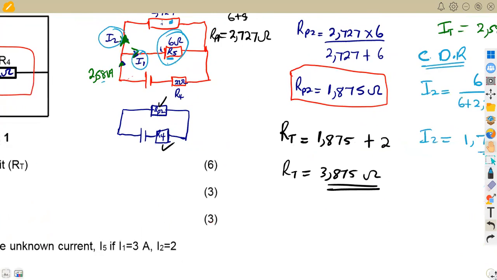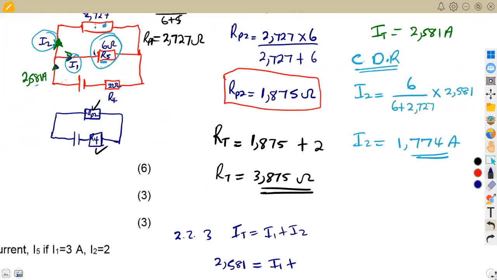Remember, Kirchhoff's law states that the sum of current flowing towards the junction is equal to the sum of current flowing away from the junction. So it means the total current is equal to I1 plus I2. We have the total current here, 2.581, which is equal to I1, the one that we want to calculate, plus I2. Remember, we calculated I2 here, which is 1.774.